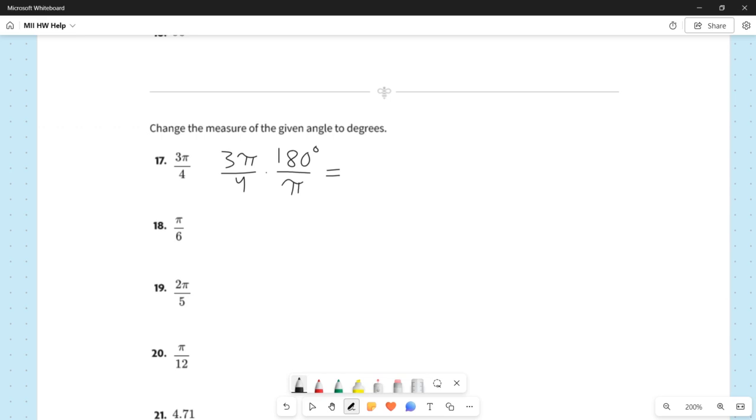Notice that I have a pi in both the numerator and the denominator. So that goes away, which makes our job significantly easier. And we're left with just, in the numerator, 3 times 180. My denominator is 4, and this whole thing is expressed in degrees.